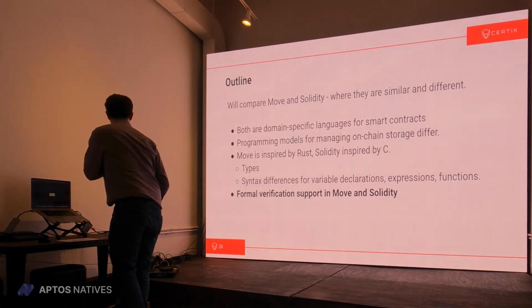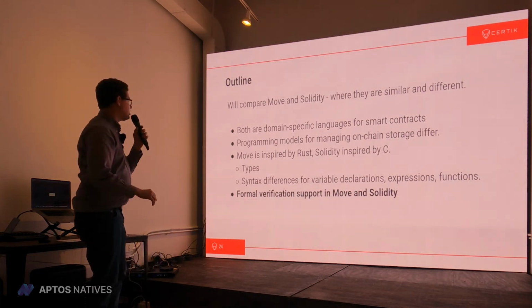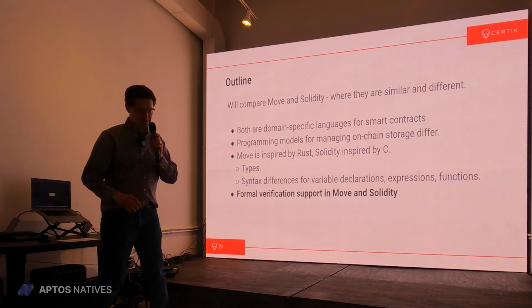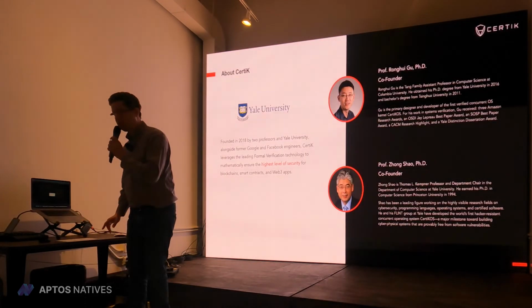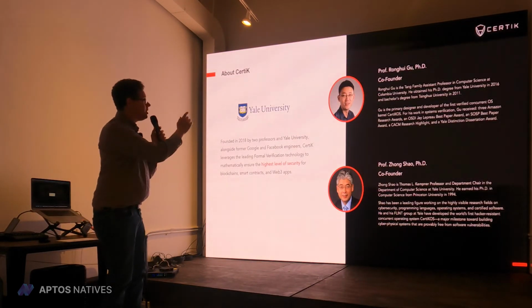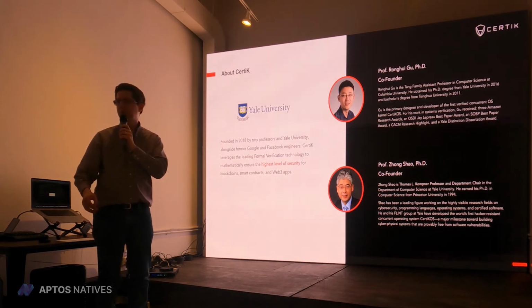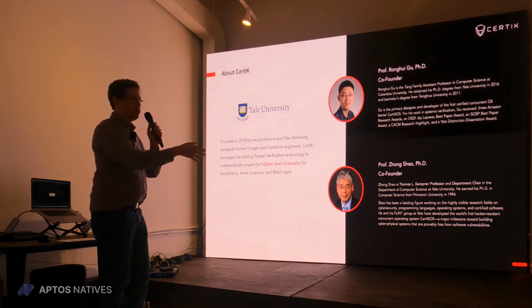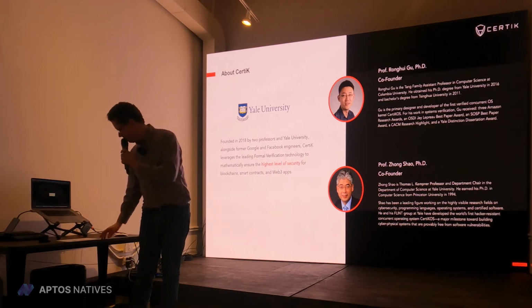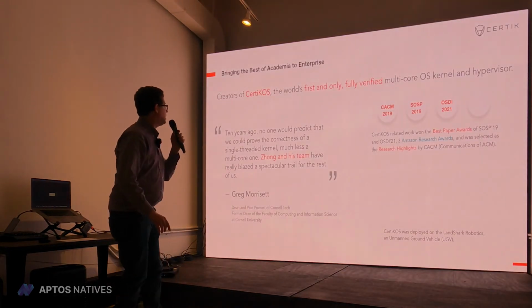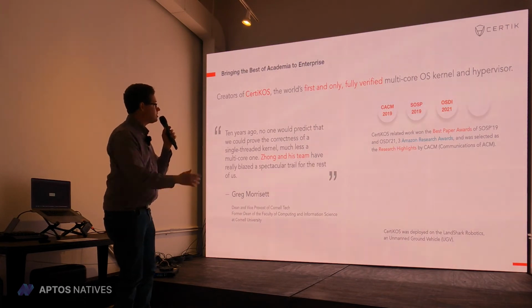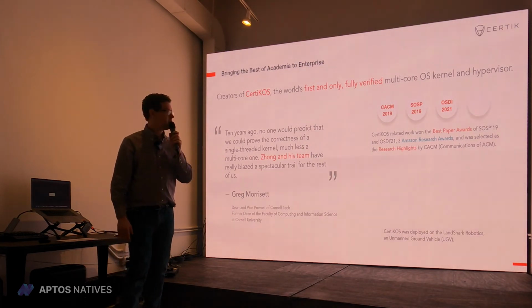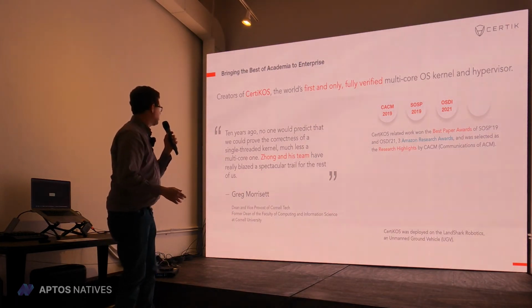Okay, so that was my very quick summary of the difference in syntax that you're going to see. Now I'm going to talk a little bit about formal verification. So I'm from Certik. Certik was founded by two professors, one from Yale and one who's now a professor at Columbia. These guys are really into formal verification. They were the creators of CertiKOS, which is the world's first and only fully verified multi-core OS kernel and hypervisor.